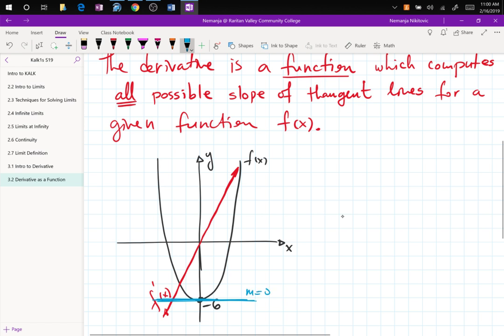And we know that the slope of a horizontal line is 0. Since the derivative is the slope of the line, it makes sense to go through the x-axis, to have a 0 value at that point. So generally we just draw a little horizontal line at a min and a max to signify that the slope is 0, and that's the place where the derivative has to cut through.